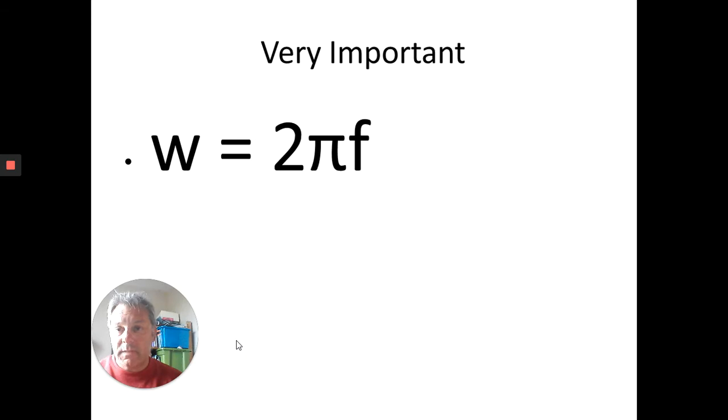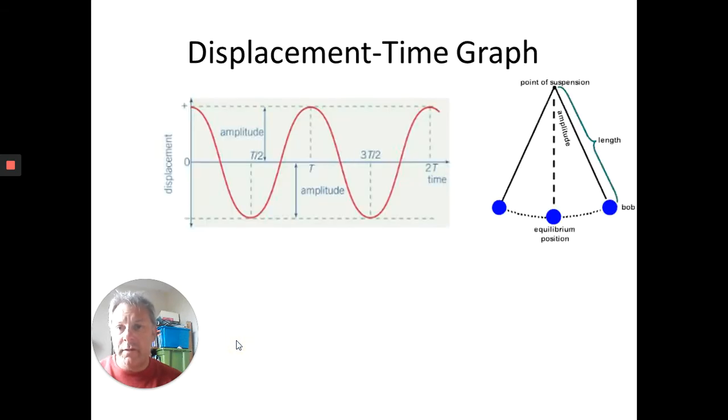So let's get on to looking at our first graph, the displacement time graph. So if you displace your pendulum to the left, positive, in this case, okay, look at where the graph starts. Okay, and if you release it, the displacement is therefore going to decrease as it gets towards the equilibrium position, and then it's going to increase as it moves away from it to the maximum displacement on the other side.